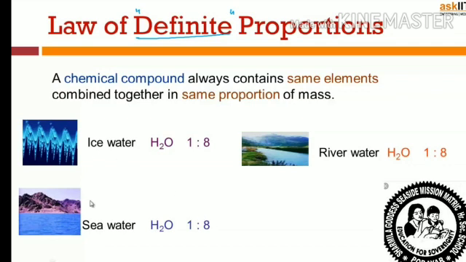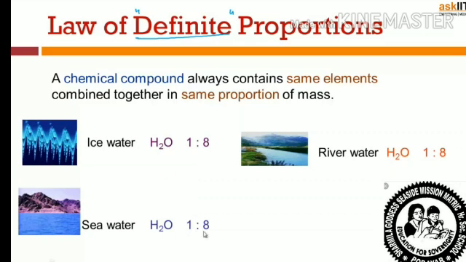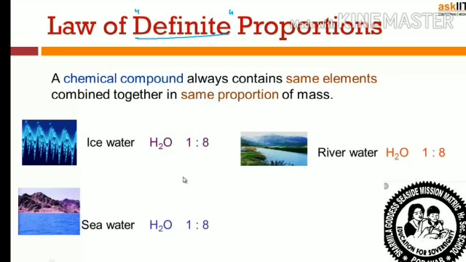So irrespective of the source, whether it is ice water, river water or sea water, the chemical compound water always contains the same elements, hydrogen and oxygen, combined in the same proportion of mass, that is 1 gram hydrogen and 8 grams oxygen. So this ratio is always fixed and the elements are also fixed. That's why this law is known as the law of definite proportions.